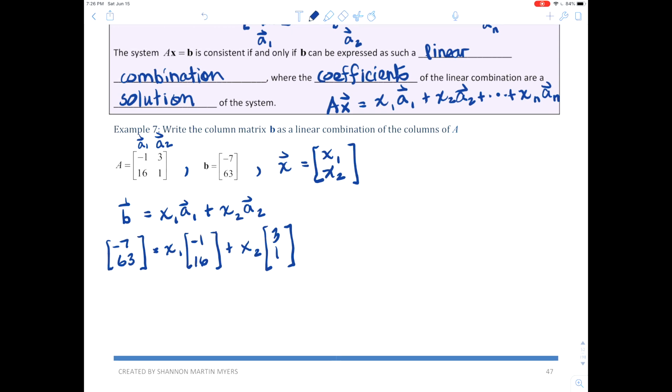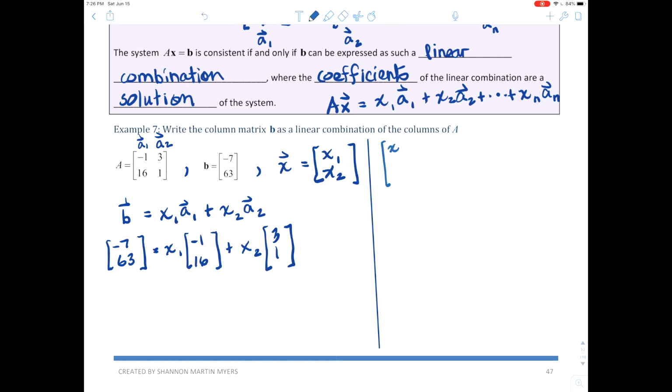Okay, well, just like before, I'm going to work it on the side so that we can come back and plug it in nicely. So here we go. To complete that linear combination, we need to multiply and then add corresponding components, right?